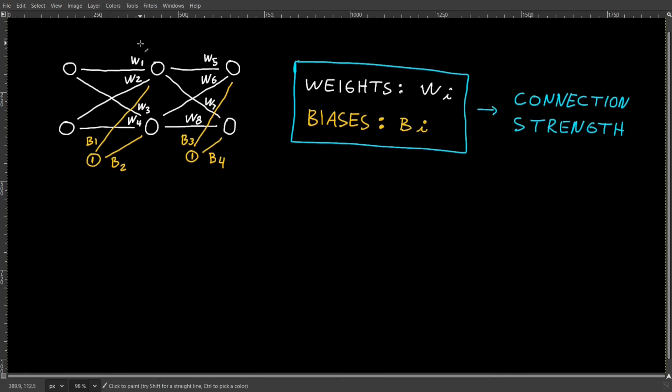For instance, if W1 equals 0, then that would essentially mean that there is no connection between these two neurons here. In fact, let's give them names. Let these two be I1 and I2, let these two be H1 and H2, and let these two be O1 and O2.